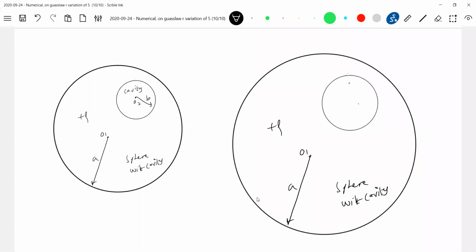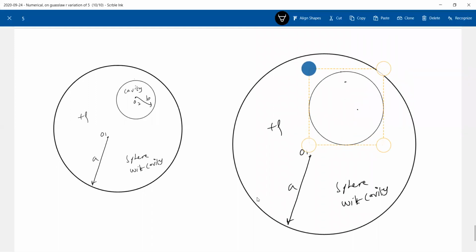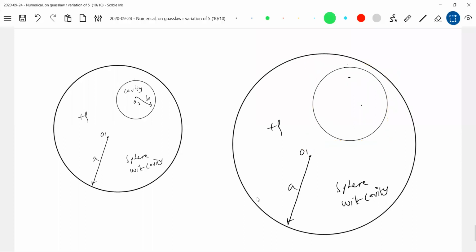No, let me take it a little bit bigger so that I can draw the diagrams easily.